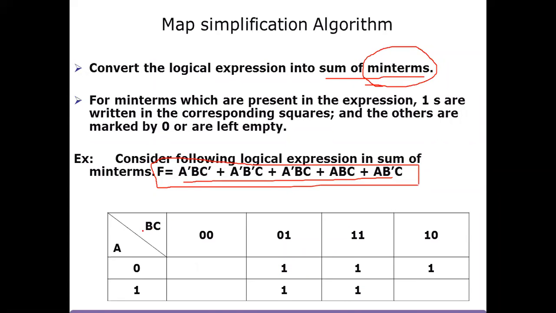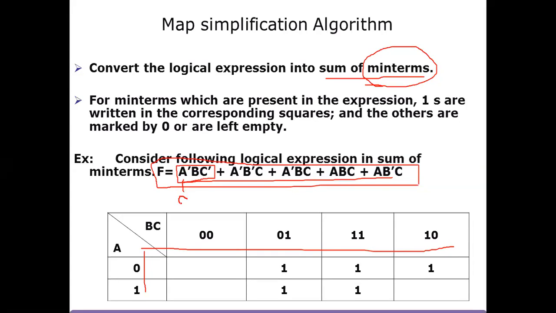Okay. So in your initial map, you only fill out these boxes A, B, C and the corresponding pattern of initial values here. The first term is A dash, B, C dash. In min terms, we prime only when the value is 0.